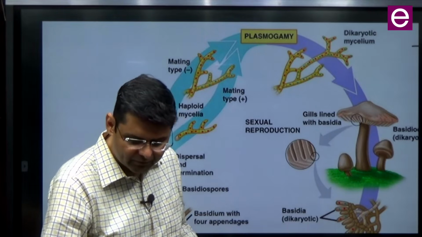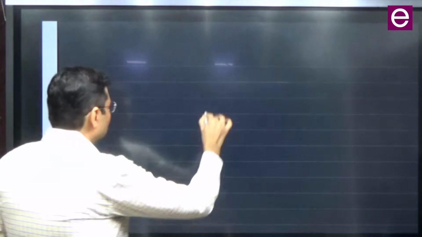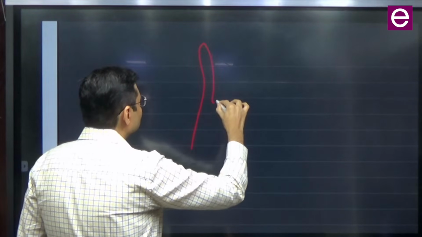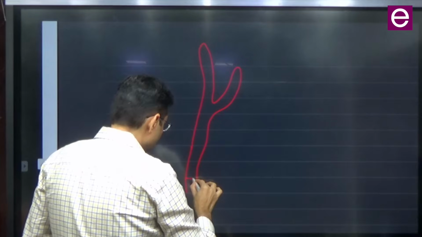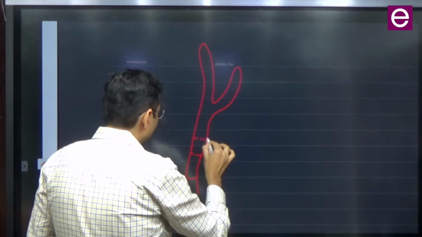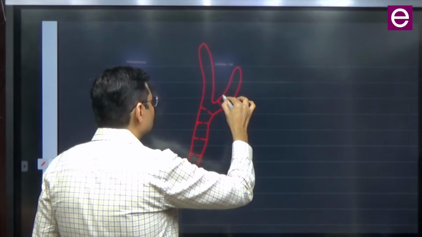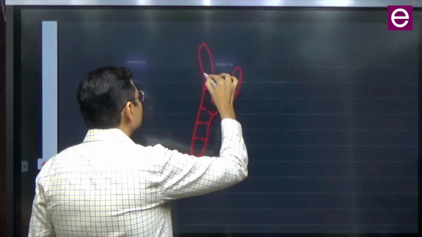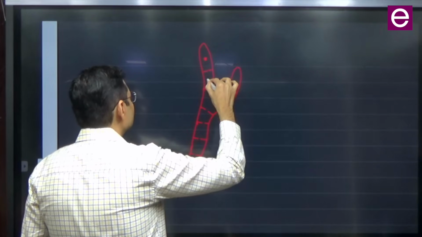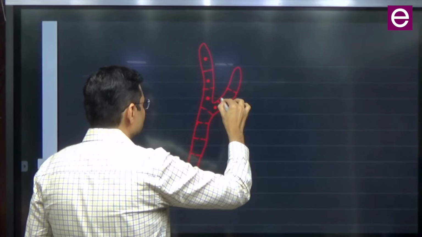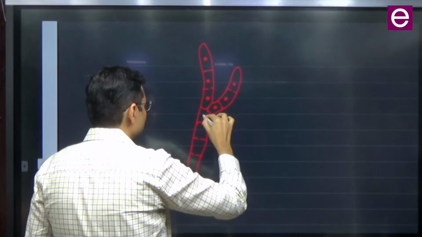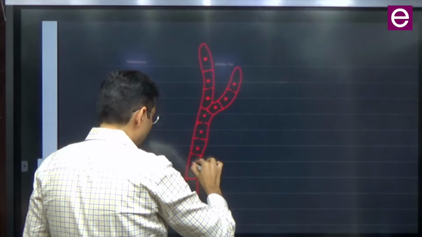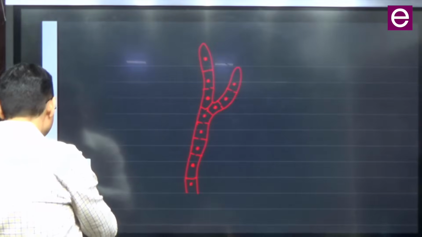If I make another diagram, so in agaricus, this is plus type, and this is another type.